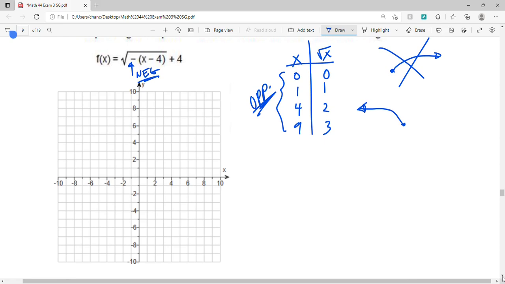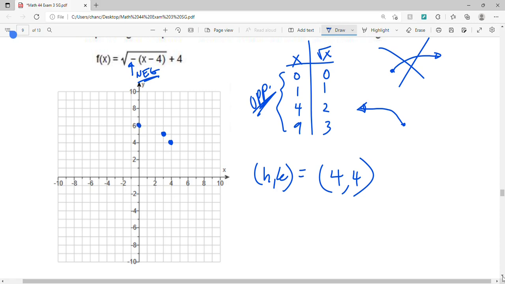So we'll start with our h, k, our endpoint, which in this case is positive 4, positive 4. Instead of going right 1, up 1, it's left 1, up 1. Left 4, up 2.